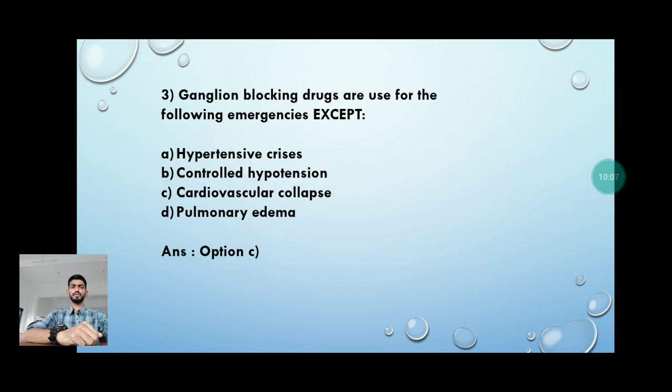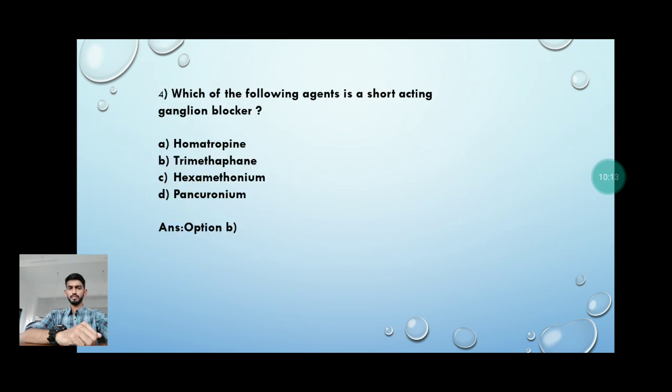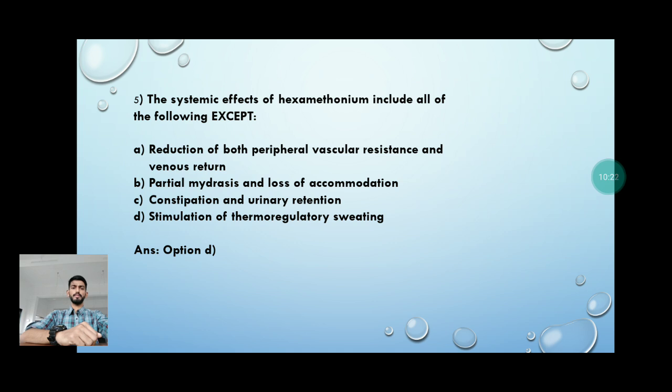Ganglion blocking drugs are used for the following emergencies except cardiovascular collapse. Next, which one of the following agents is a short-acting ganglion blocker? Trimethaphan. The systemic effect of hexamethonium includes all of the following except stimulation of thermoregulatory sweating.